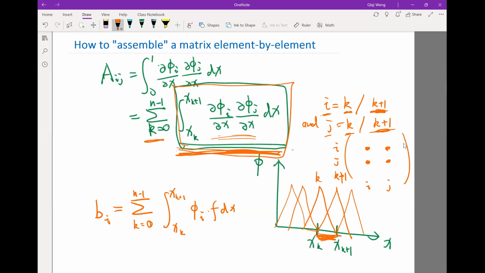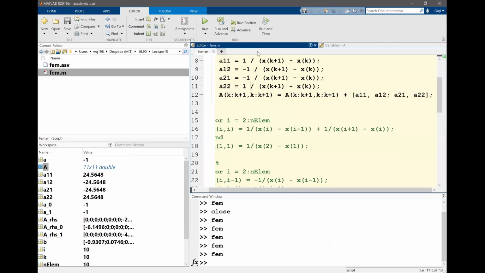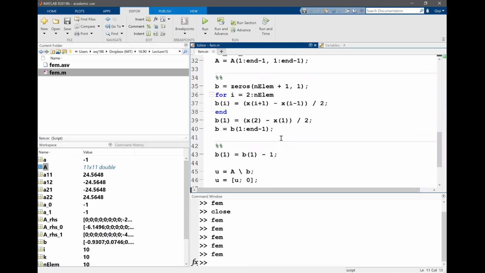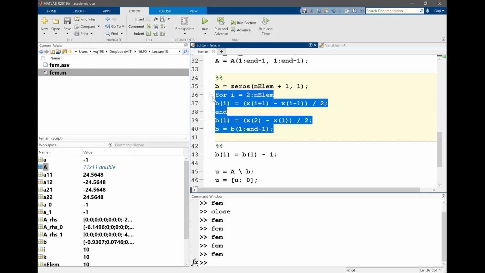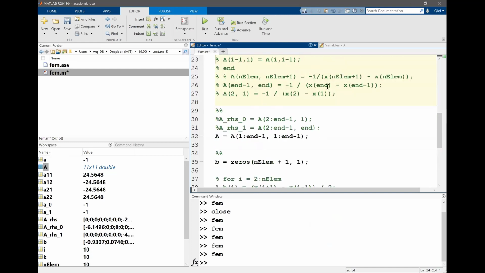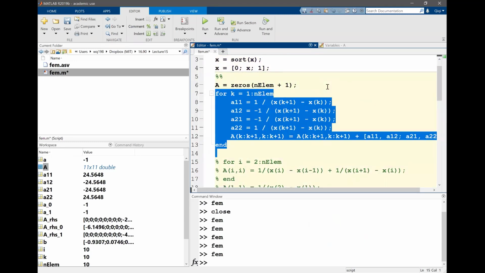Okay, and that also makes the code a lot easier to write. So instead of having b constructed like that, I'm also going to comment it out. And sometimes you can write it in the same loop, right?